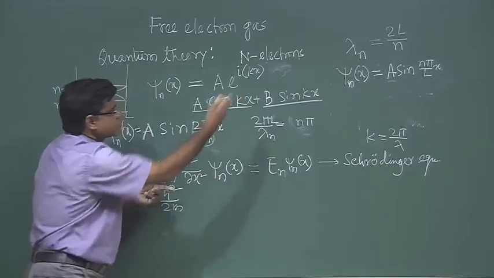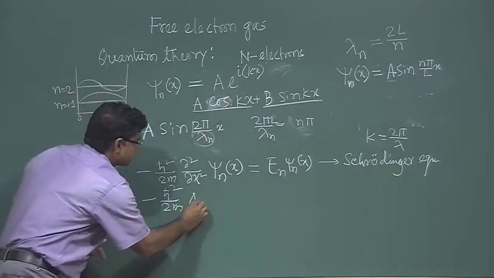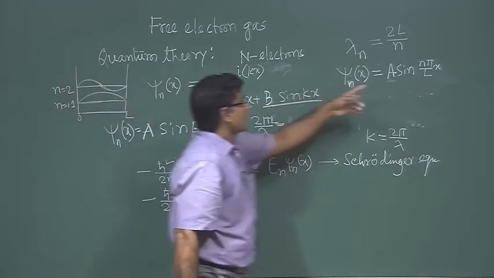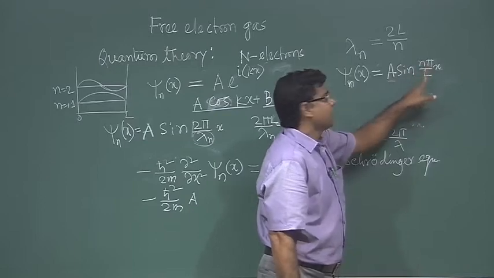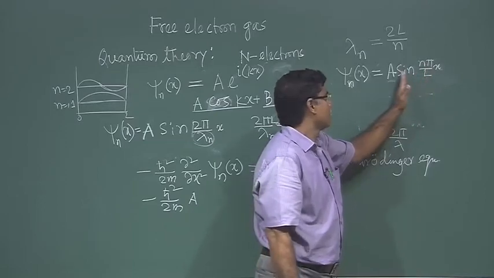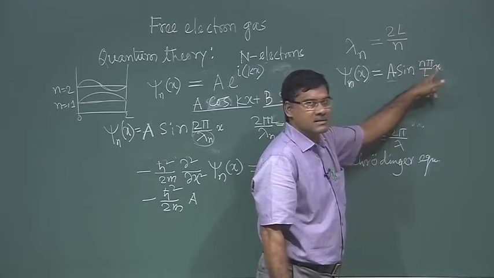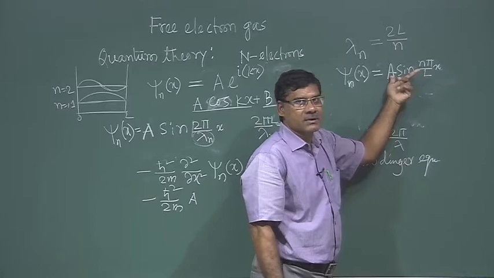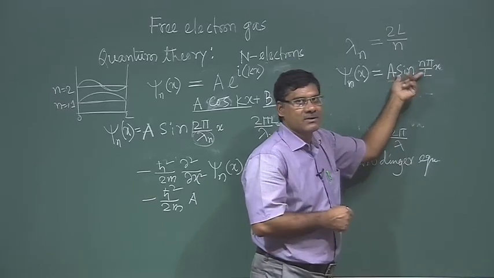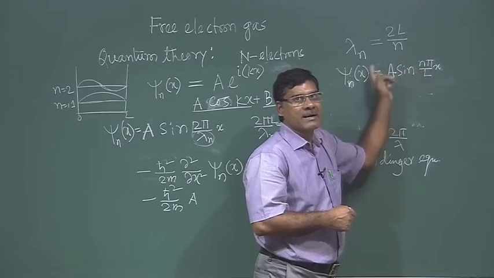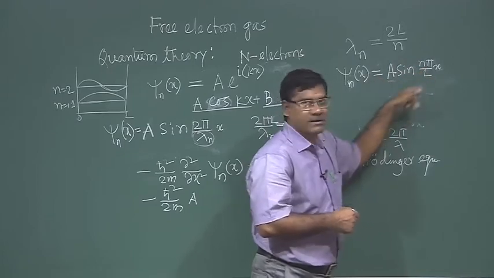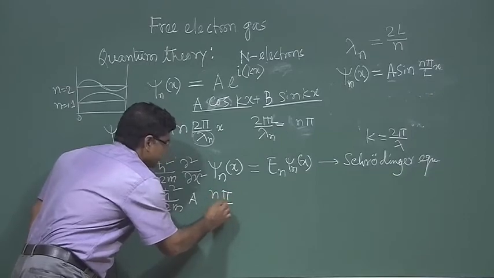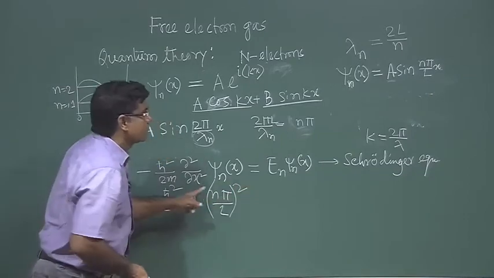Twice differentiate if you do. So, your A is there, and then it will come n pi by L cos(n pi by L x). And again, on cos, second time differentiation, it will give minus sine, and then n pi by L. So, I will get (n pi by L) square, and one minus sign will come.